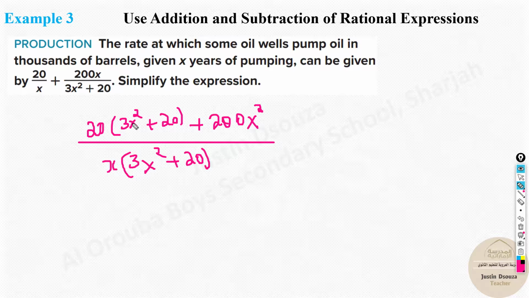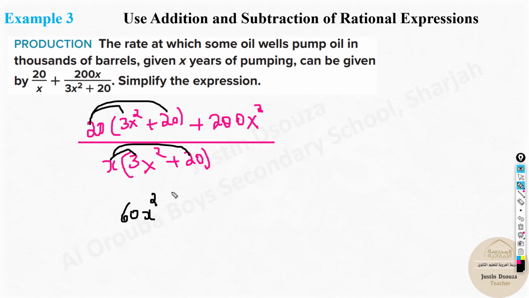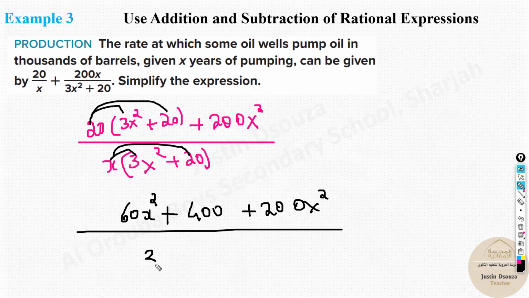Now we have to just do simplification. So multiply this 20 inside. So 20 goes here, your distributive property. Let's multiply the x in the denominator as well inside. 20 times 3 will be 60x squared. 20 times 20 is 400, plus 200x squared, divided by 3x cubed plus 20. Okay, now what do we have?